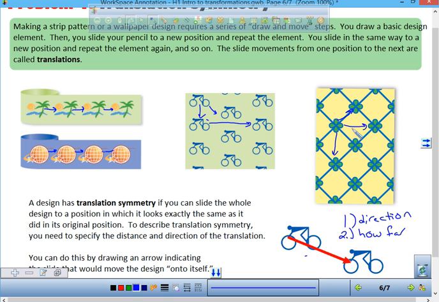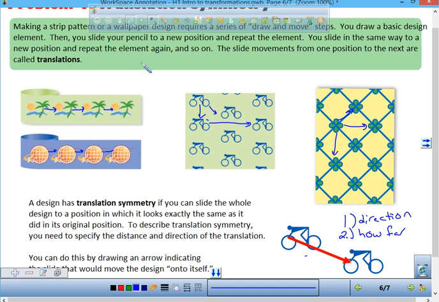Translations, just make sure with a translation you tell me the direction and how far. Those two things. And when we do translations, it's going to be on a coordinate plane, so you'll be able to tell me I would move the x 3 to the right and the y 1 down. You can. But I'm going to show you, once we get there, a different way how to write it.